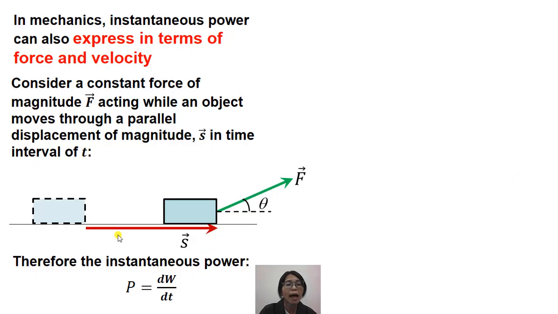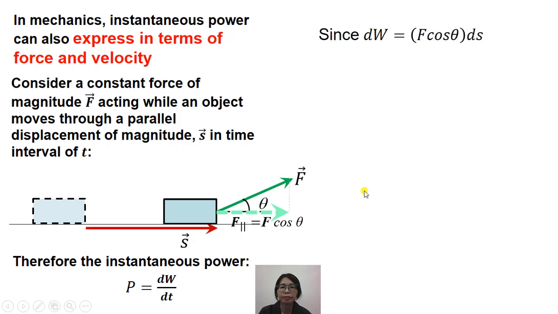As the object undergoes displacement S under the action of constant force F, the object is doing work. So we can calculate the amount of work done during the process by taking the component of force that is parallel to the displacement multiplied with the displacement. So we have F cos theta multiplied by ds.